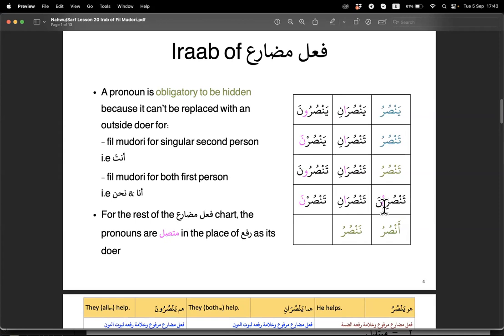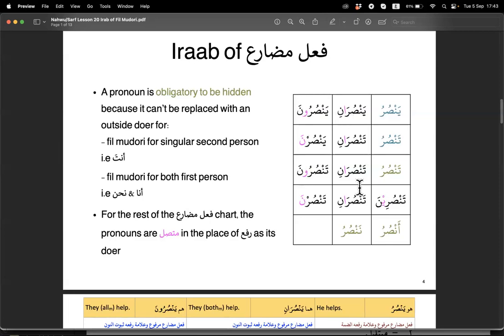But you don't have to worry so much about all this. We hardly use the terms. You can use alif al-ithnayn, waw al-jama'ah, nun niswah, ya al-mukhatabah, but even if you just say al alif is fine, al waw is fine, al ya is fine.